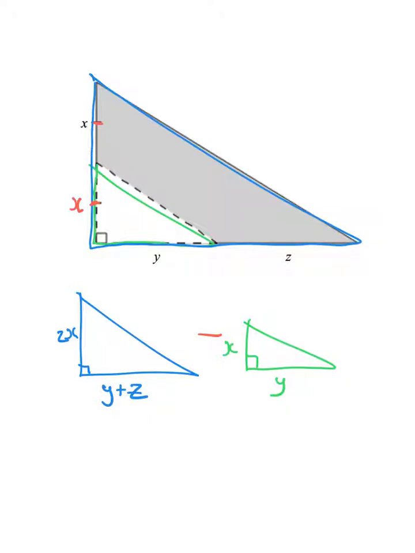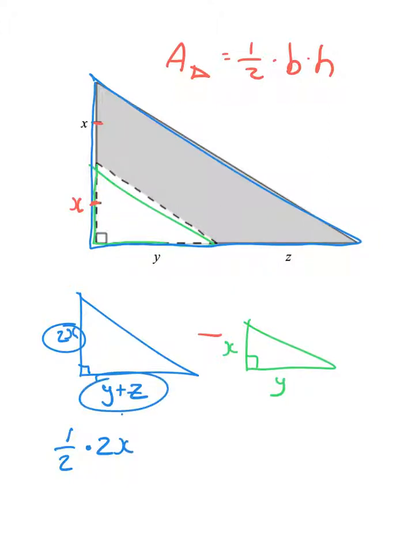And now we find the area using the basic formula again, that the area of a triangle is 1/2 multiplied by the base multiplied by the height. So the area of this blue triangle, I always start with 1/2, and I'm going to multiply that by my height, which is 2x, and then multiply that by my width in parentheses, which is y plus z.